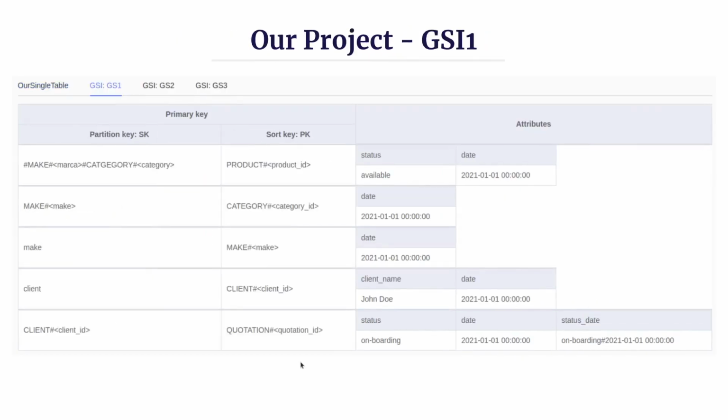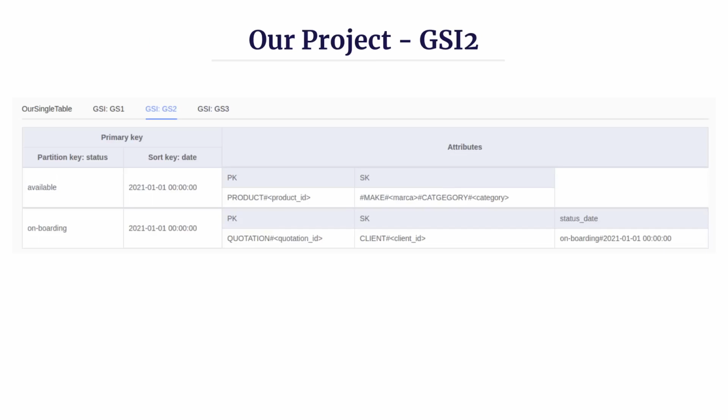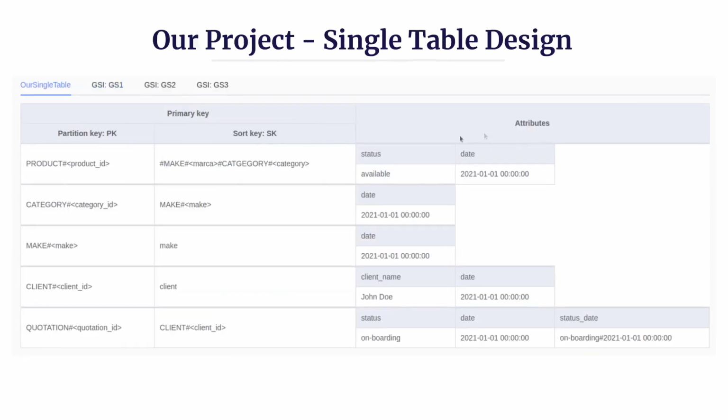I also defined global secondary index number 2, which is basically going to help me solve the access pattern to get the quotations by status and by date. With the global secondary indexes, you can see that you basically choose which is going to be your partition key and your new sort key, and you can use any of the attributes that you are going to be defining here.